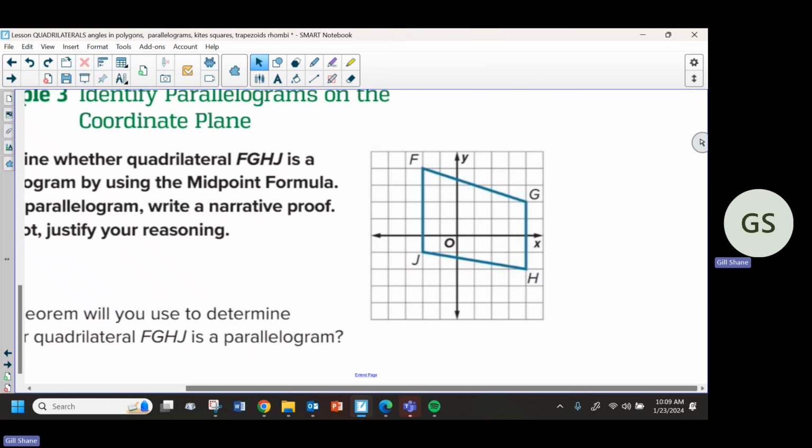I can take this point, which is -2, 1, 2, 3, 4, and then this point for G, which is 4, 2, and I can solve for the length of that line using that formula. I'd say right now it'll be way easier than that, because what's true about two of the lines on here that makes it really easy to figure out how long they are?